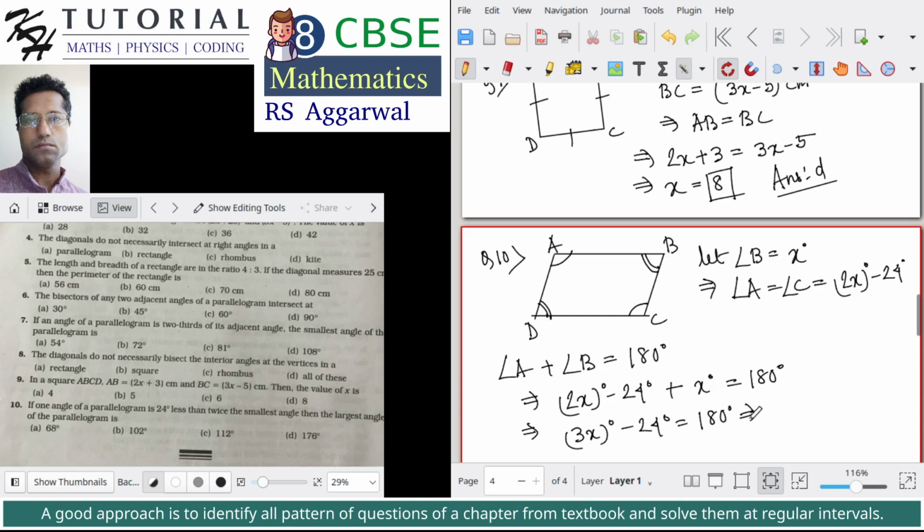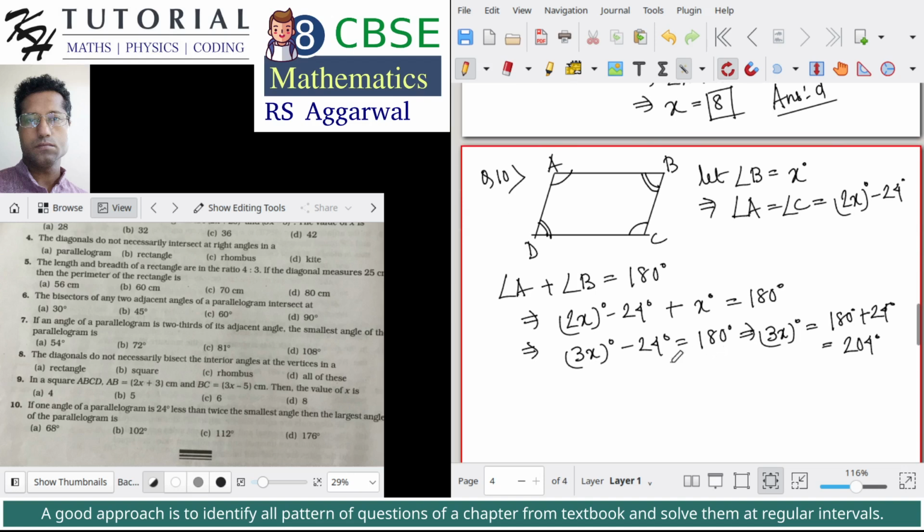So 3x is equal to 180 plus 24, which is 204. So x will be equal to 204 divided by 3, which is 68.